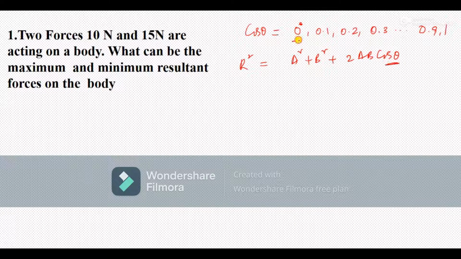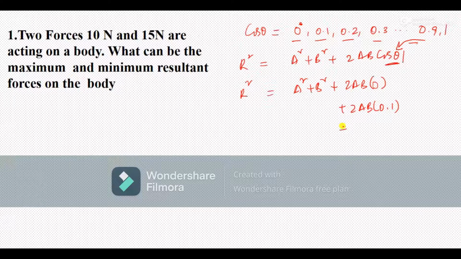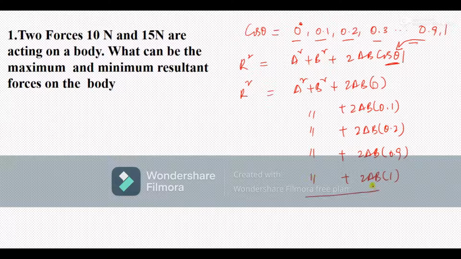When you substitute these values, R square will be A square plus B square plus 2AB into different values: one time 0, next time 2AB into 0.1, next 2AB into 0.2, like that 2AB into 0.9, and 2AB into 1. These are all common terms.